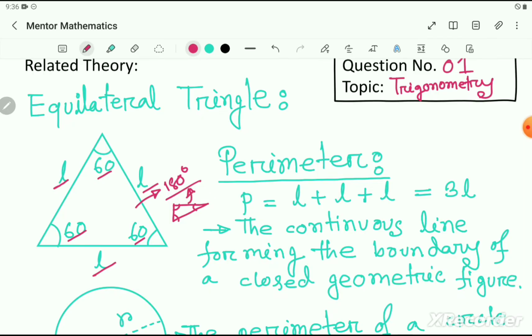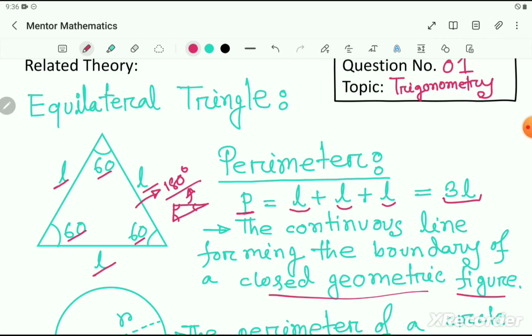The summation of the sides is called the perimeter. For example, the perimeter is expressed by P, and for this particular equilateral triangle, if we sum all three sides, it gives us 3L. So this is actually the perimeter. The definition is the continuous line forming the boundary of a closed geometric figure.